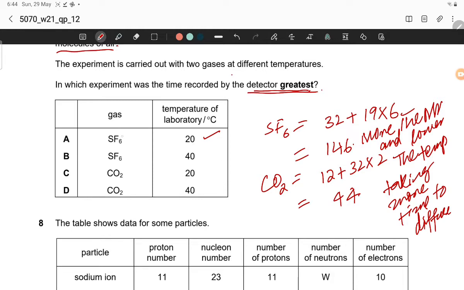So SF6 is 146 Mr and this is the lower temperature. So in this experiment where sulfur hexafluoride is used, it takes more time at the lowest temperature. So option A must be correct.